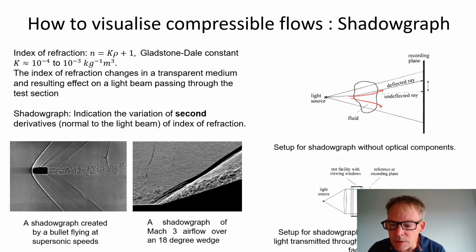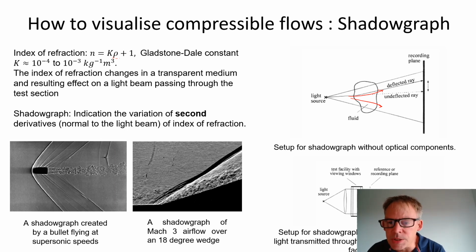Now, the relationship between refractive index and density is one of rough linearity, where K is the Gladstone-Dale constant.